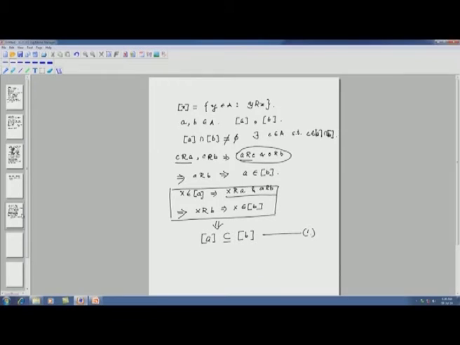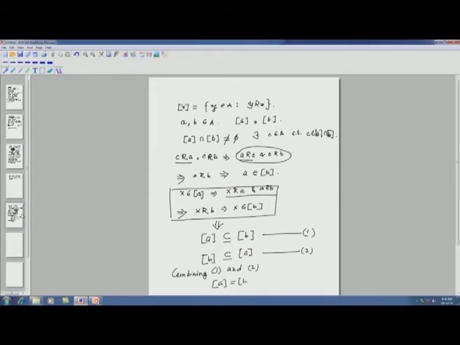Now, we could just change the symbols a and b, and then everything else will hold true, and in exactly the similar way we can prove that class corresponding to b will be contained in class corresponding to a, and combining 1 and 2 we have [a] equal to [b].